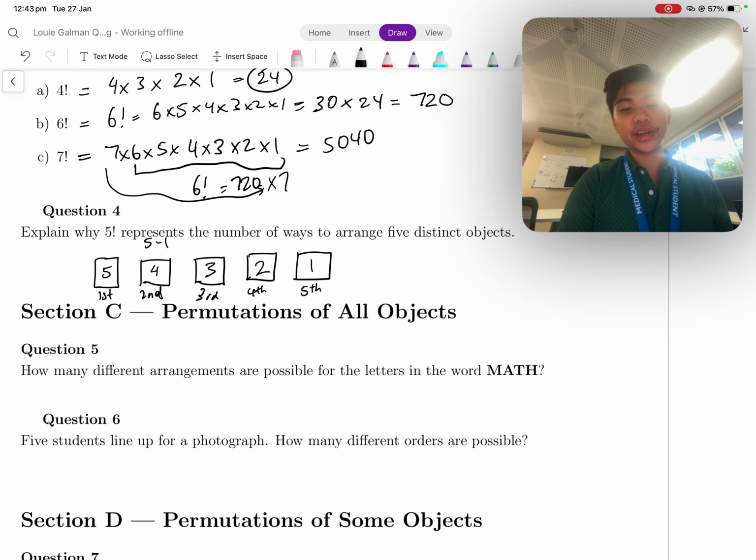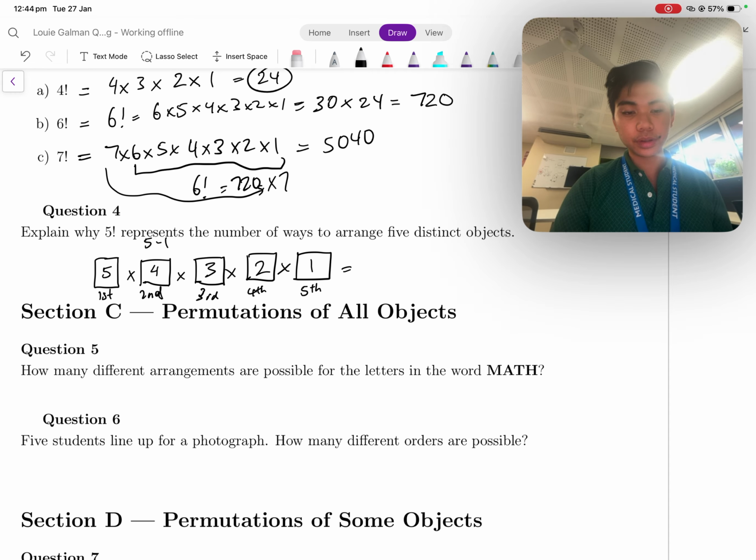The multiplication principle tells us that if we're arranging 5 distinct objects simultaneously, then we need to use our AND or multiplication rule to calculate the number of ways.